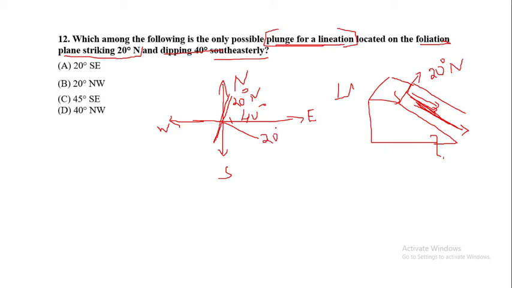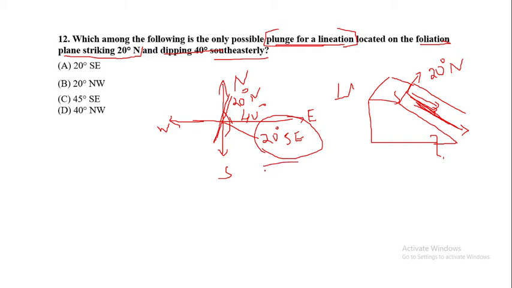Why? Because when we consider it as a complete 90°, from this 20 to this 20°, when we calculate this angle, we will get 20° southeast. So now we have got the answer, 20° southeast, because it falls in between this region.